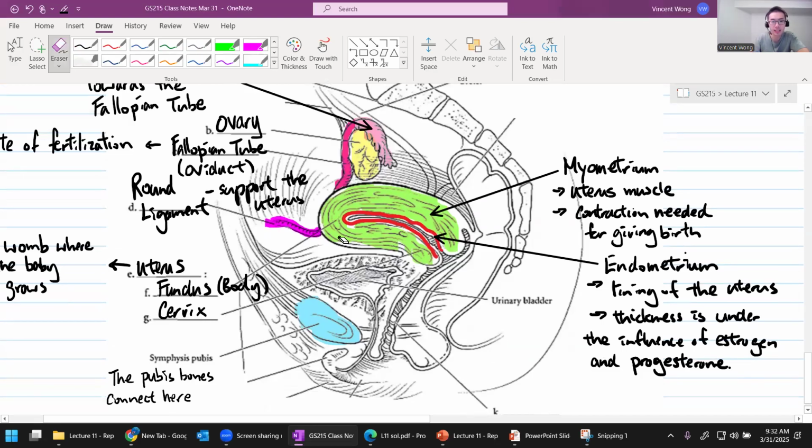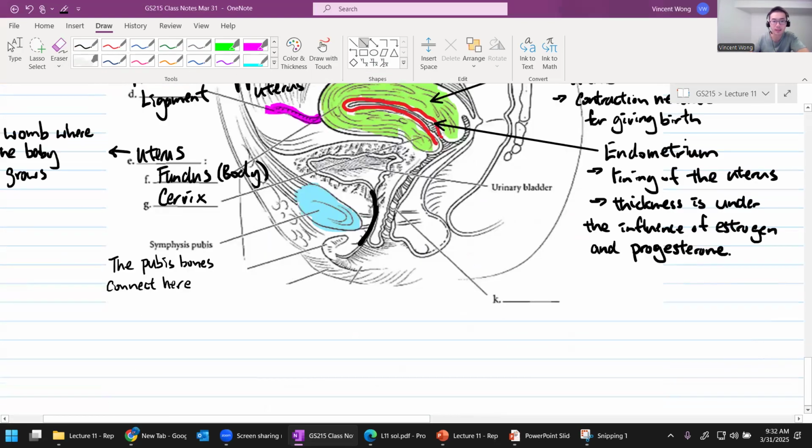Underneath the uterus is the urinary bladder, which is this whole thing right here. So what is this then? This black line that I'm drawing. You should know that. You had a quiz last week. That would be the urethra. Very good. There you go. Urethra.